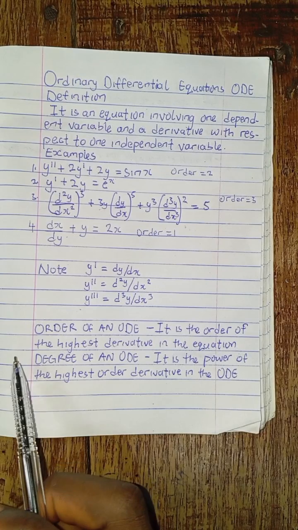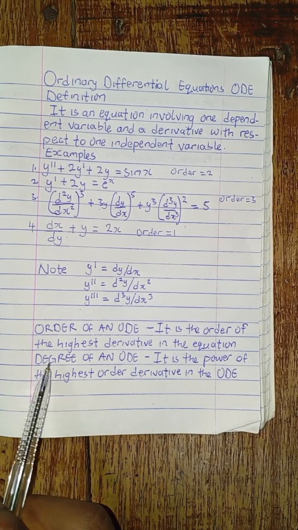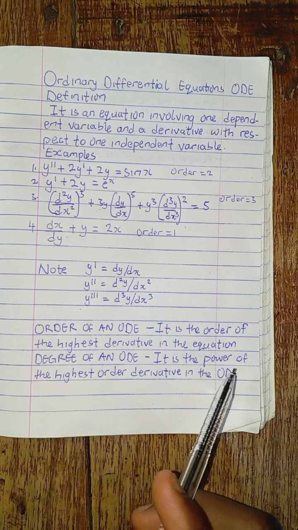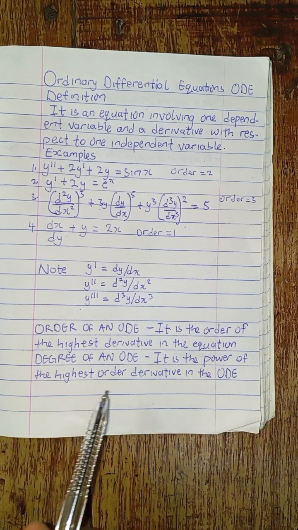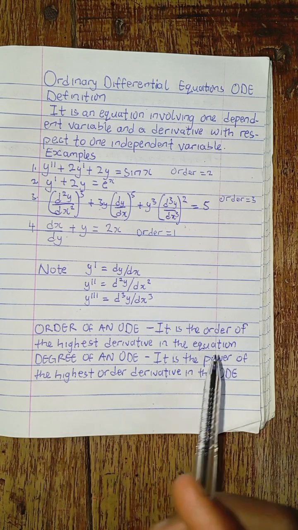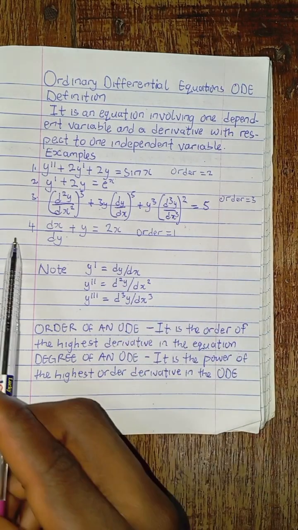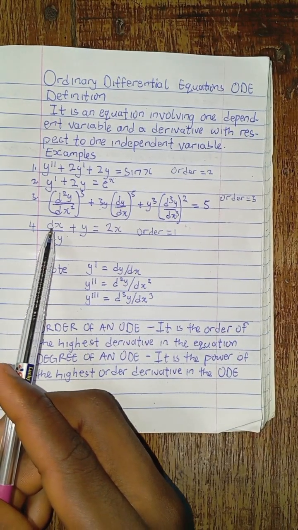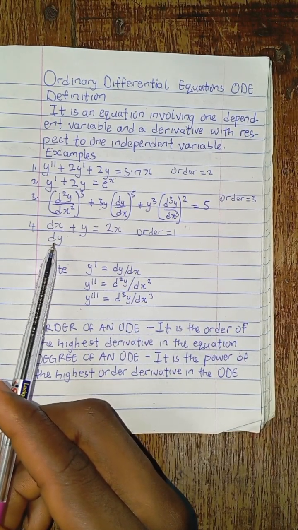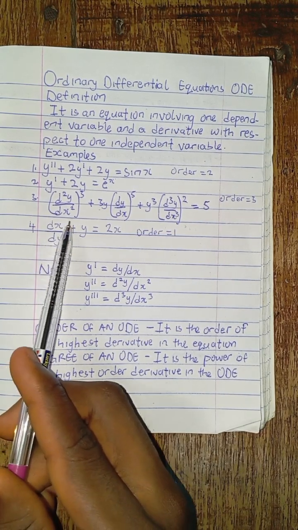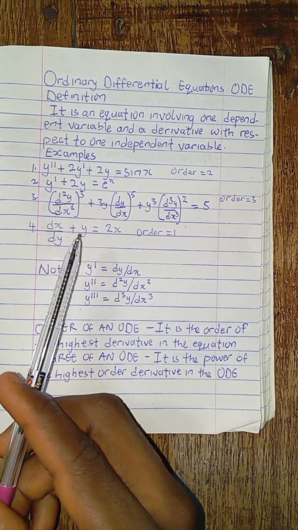So let's go over to the degree. The degree of an ODE is the power of the highest order derivative in the ODE. After getting the order of an ODE, the next thing that follows is the degree. From example 4, dy over dx, we can see that this is actually raised to power 1.